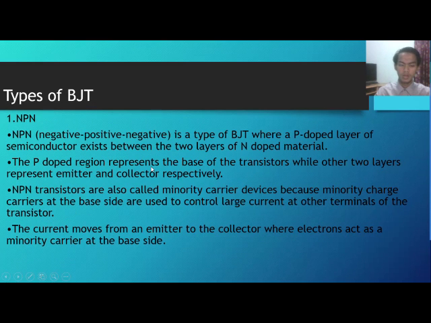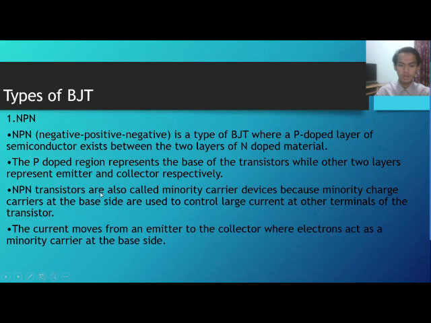Okay, next. Types of BJT. Firstly, NPN. NPN, negative, positive, negative, is a type of BJT where a p-doped layer of semiconductor exists between two layers of n-doped material. The p-doped region represents the base of the transistor, while the other two layers represent the emitter and collector respectively.